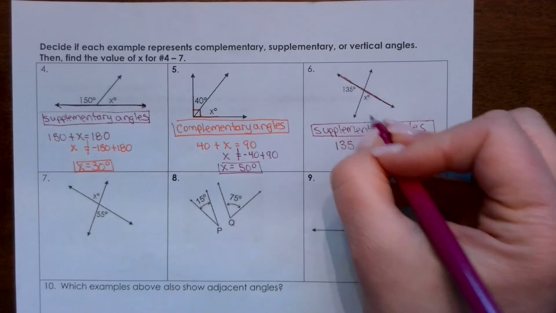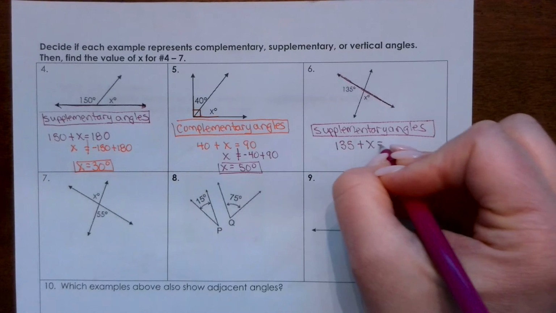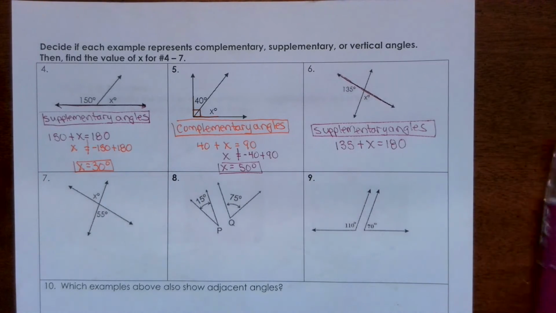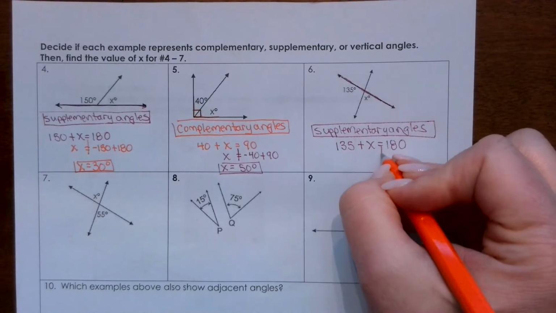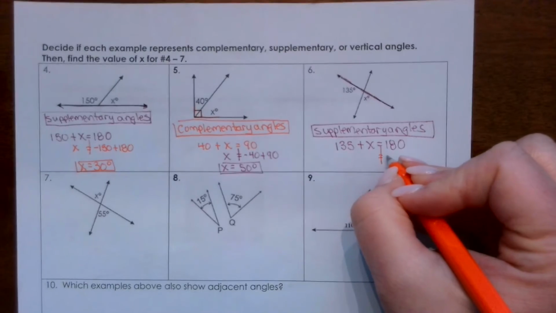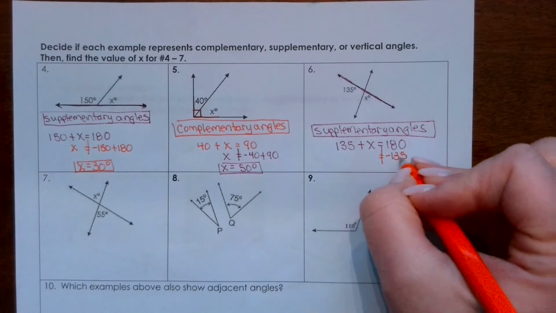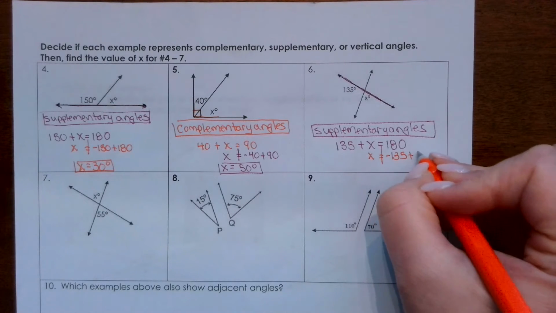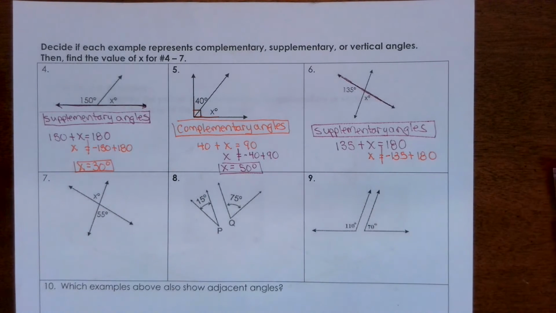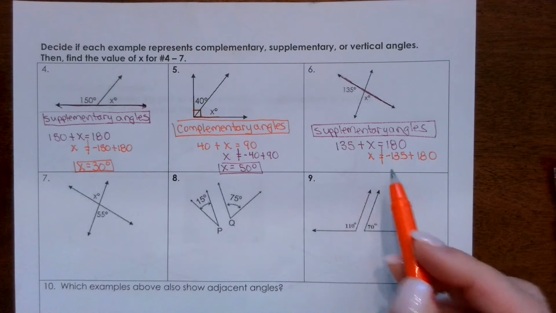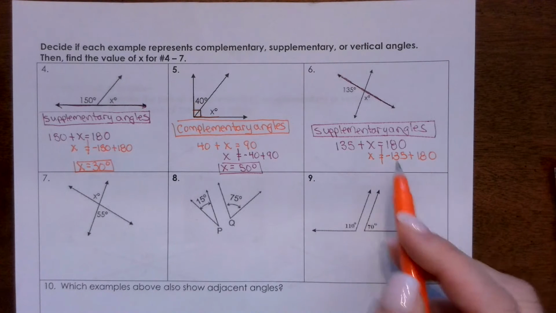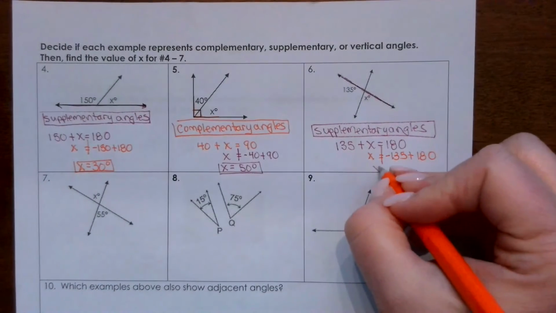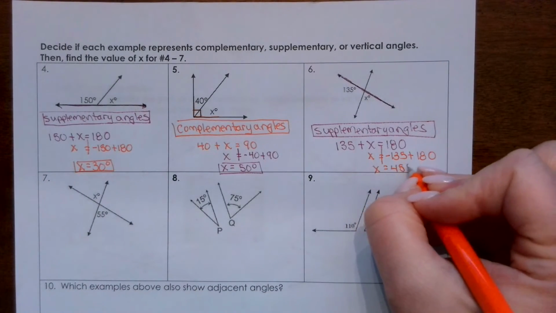So 135 plus x will equal 180. Again, I'll go back to my stay and go. 135 goes as negative 135, x stays, and 180 stays as a positive 180. And I can either do negative 135 plus 180 or 180 minus 135, and I will get x equals 45 degrees.